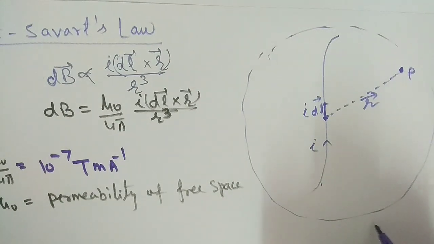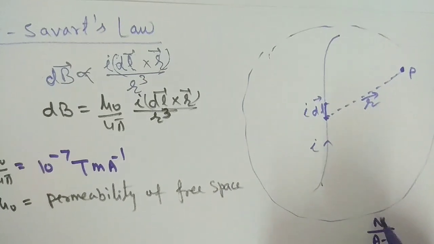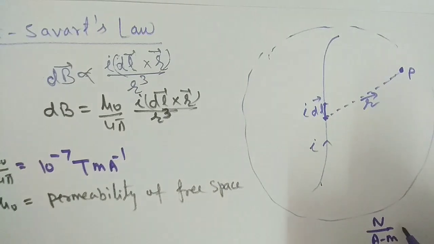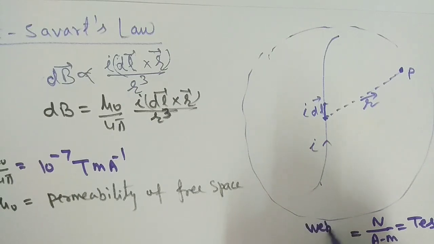It is Newton per ampere per meter. We will discuss where Newton comes from. So Newton per ampere per meter, and its unit is also Tesla, and another unit is Weber per meter square.